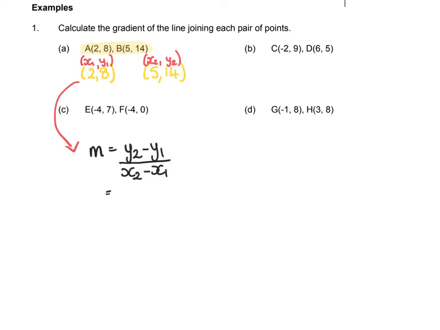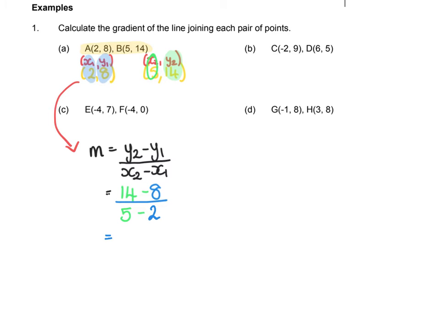And once we've got our formula written down, we can start to put in the correct numbers. So y2 is 14. y1 is 8. x2 is 5. And x1 is 2.